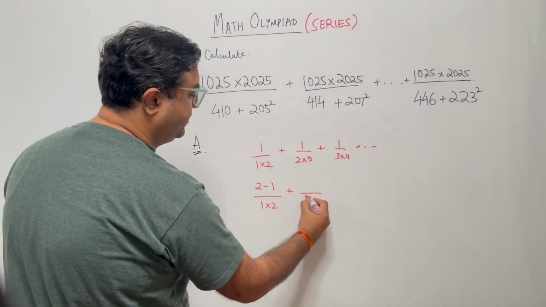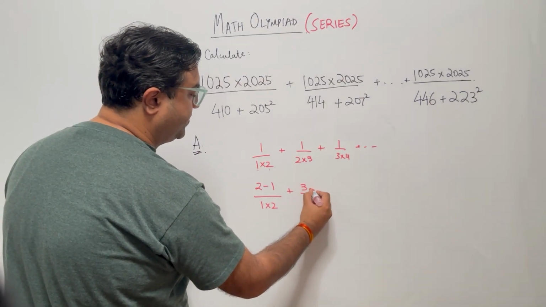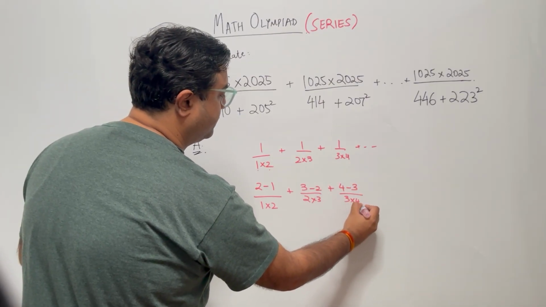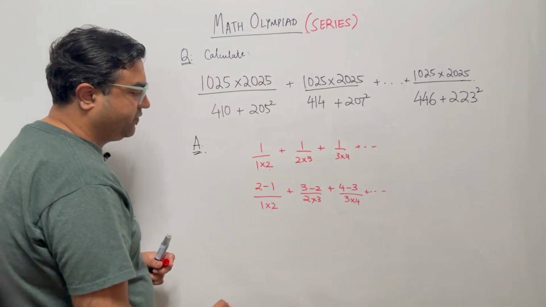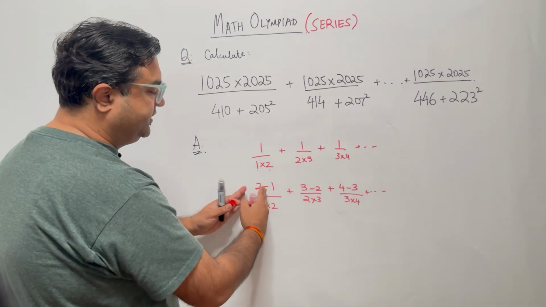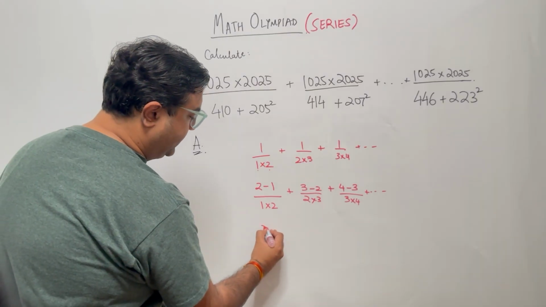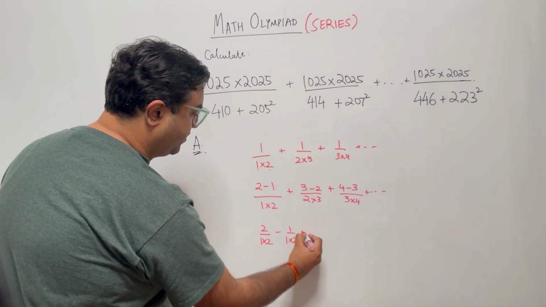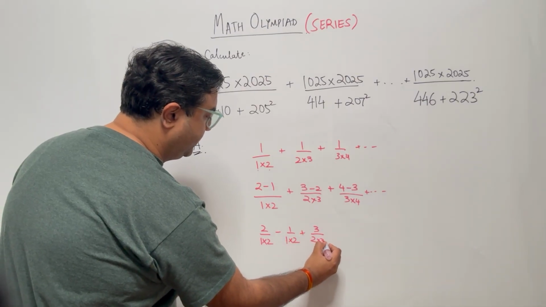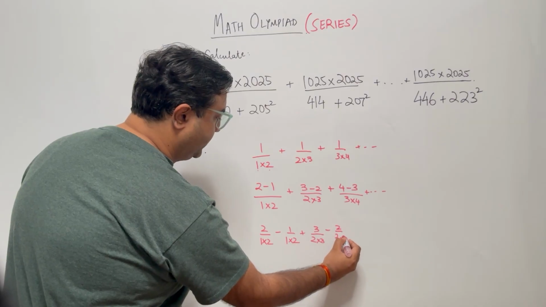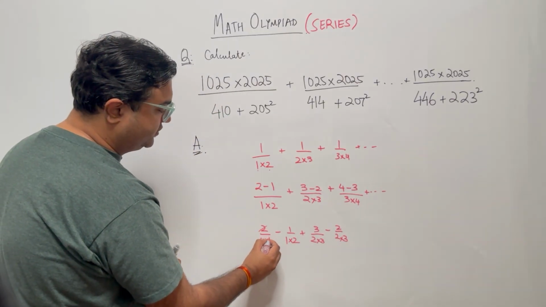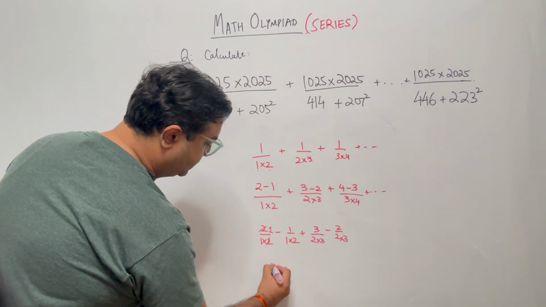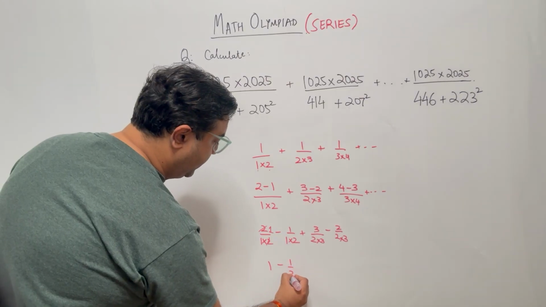Then similarly, we'll write 3 minus 2, 4 minus 3, and so on. When we split these into two fractions, we get 2 upon 1 into 2 minus 1 upon 1 into 2 plus 3 upon 2 into 3 minus 2 upon 2 into 3. So this will give us 1, this will give us 1 by 2.